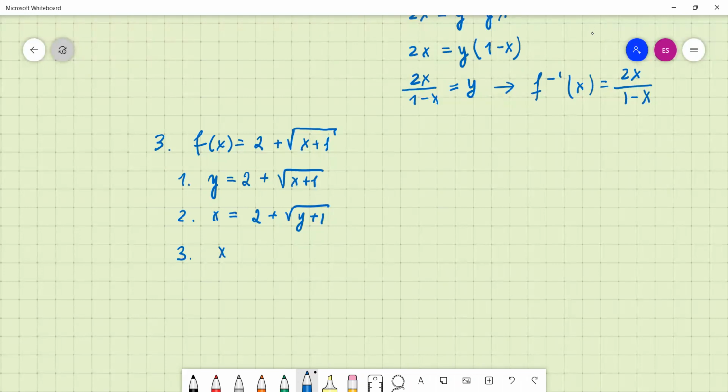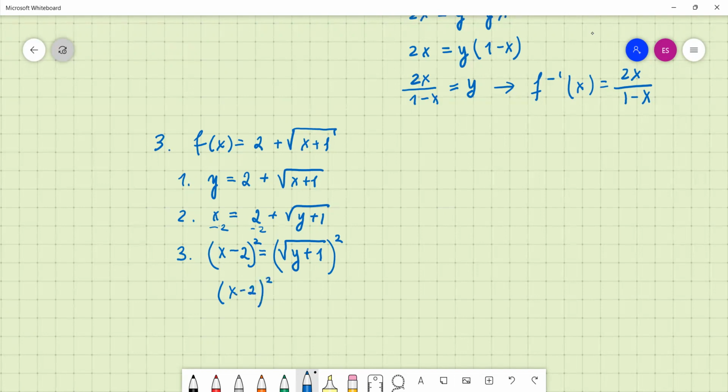So I'm going to subtract 2 from both sides. I don't want to copy everything because of one step. To find y, we'll need to clear it from the square root. So I'm going to square both sides. Oh, sorry, there was a minus.